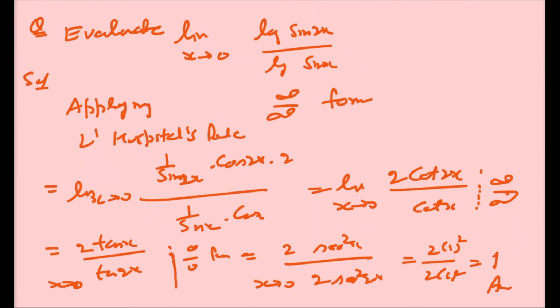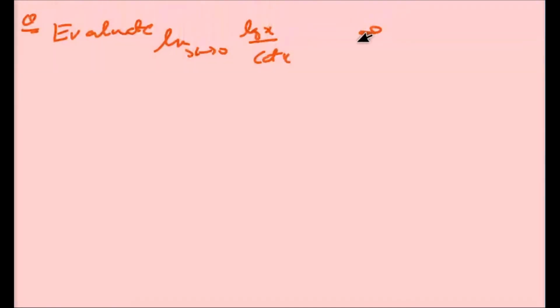Okay, so go to the next example. Evaluate limit x tends towards 0 of log x upon cot x. Log 0 is infinite form, cot 0 is infinite form, so it is infinite upon infinite type.